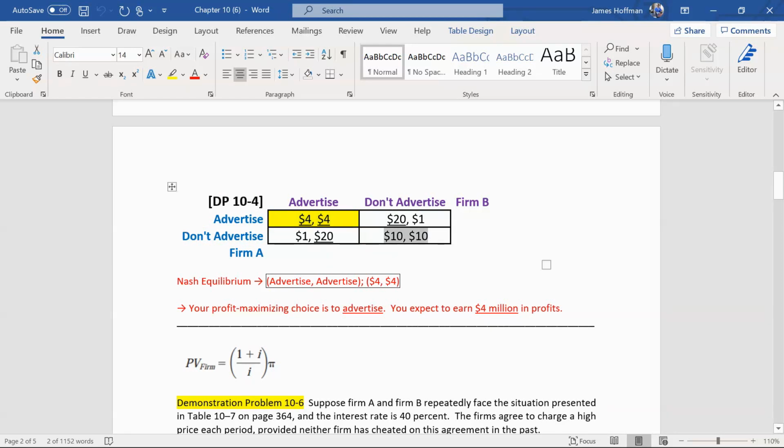If they both save money and don't advertise, they both get 10, and if one advertises and one doesn't, the advertiser gets 20, and the loser, the non-advertiser, gets 1. Okay, and the payouts here are symmetrical.